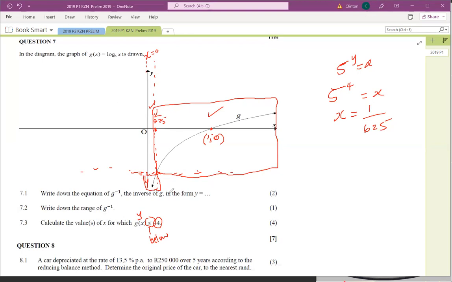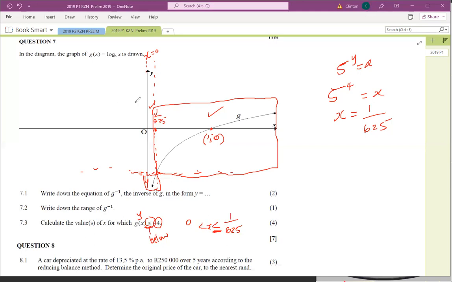So we've seen that it's from x equals 0 to there. I know that 0 must be this side and 1 over 625 must be that side, because we always move from left to right. If it's in between, our inequality signs are always going to be this way. But because I have the or equals to at the bottom, I'm only going to put it on this one, not on this one.